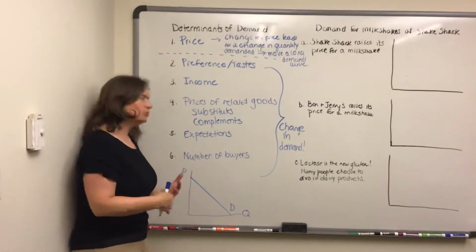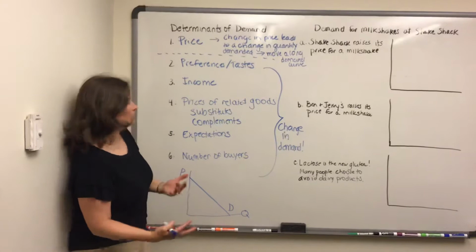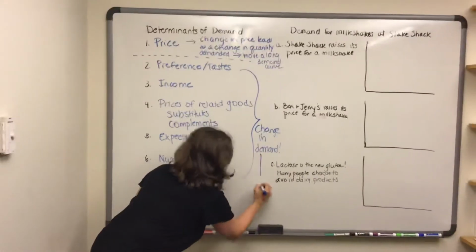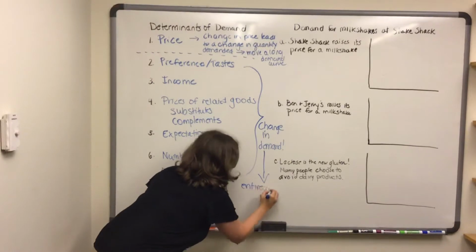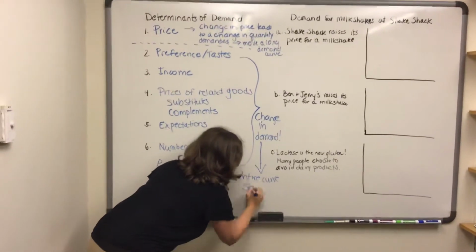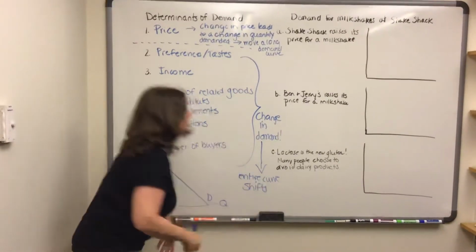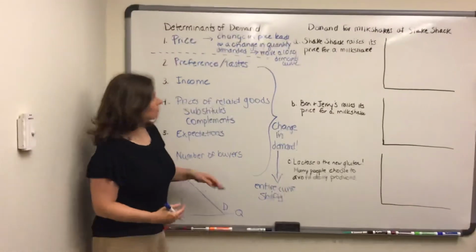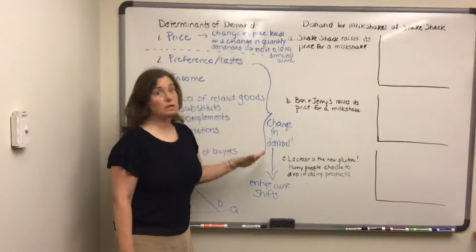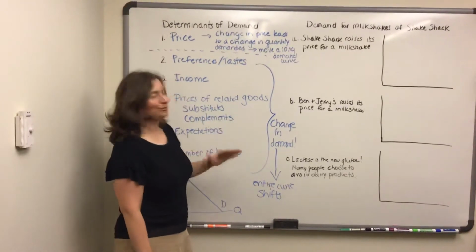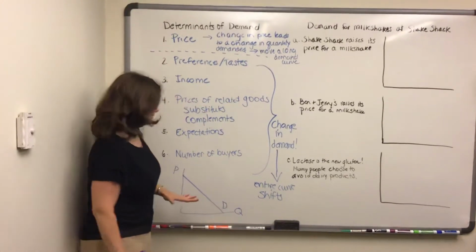The relationship between price and quantity is different than it was before. I'm just going to draw an arrow here. Entire curve shifts. So it might seem like semantics, but the difference between a change in demand and a change in quantity demanded is very important for you to keep straight in your mind.